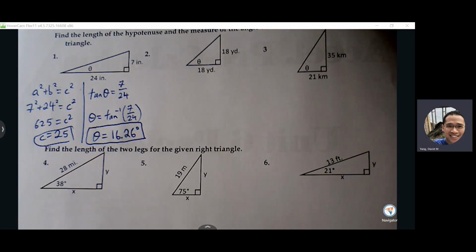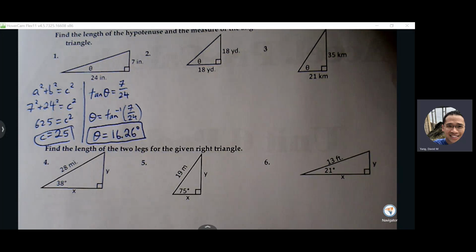Okay, easy review, right? Go ahead and try 2 and 3. Let me know if you have any questions about your calculator or you need a review of how to enter it in the calculator.